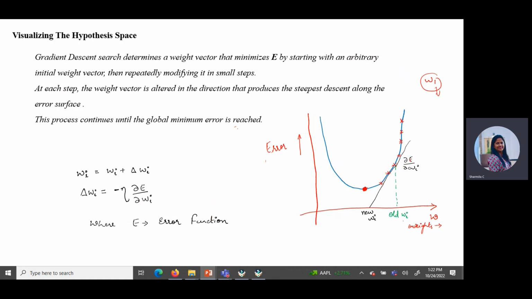Each time the value of the weights keeps changing in small steps, moving in the direction that produces the steepest descent along the error surface until the global minimum error is reached. So this is the old weight and this is the new weight.